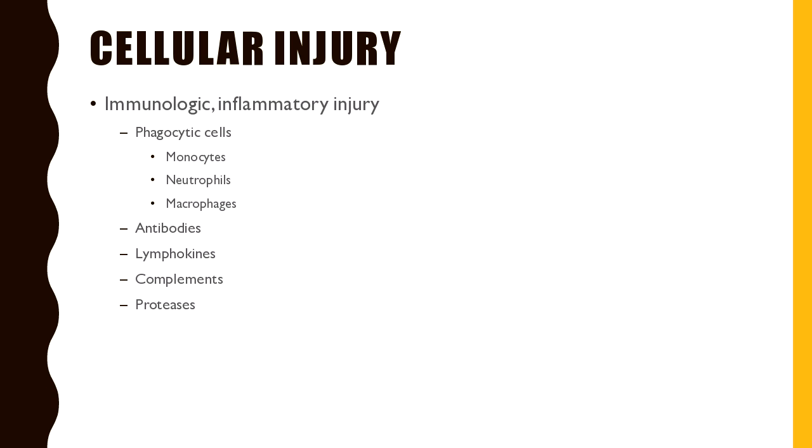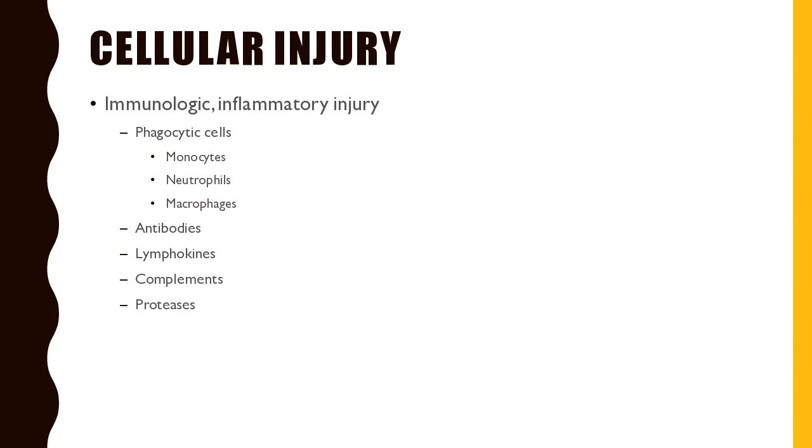Okay, so back to your immunological and inflammatory injuries. Your cell membranes get damaged, and then that creates an inflammatory response. That sets off your complement cascade, the complement system, and basically what happens is you have a release of antibodies, lymphocytes, and macrophages.